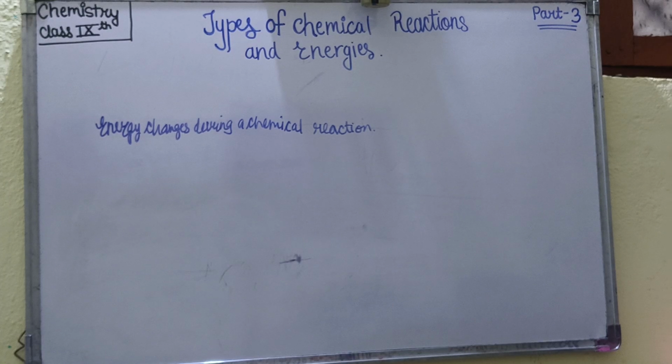Most of the chemical reactions take place either by absorption of energy or release of energy, generally in the form of heat. Based on the release or absorption of heat energy, chemical reactions are classified into two types: exothermic reactions and endothermic reactions.